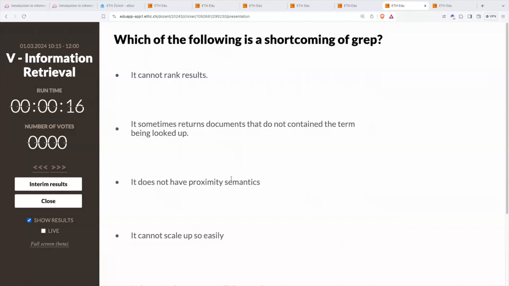So first, it cannot rank results. Second, it sometimes returns documents that do not contain the term being looked up. There's a typo, that's annoying. Third, it does not have proximity semantics. Fourth, it cannot scale up so easily. Multiple answers are possible.